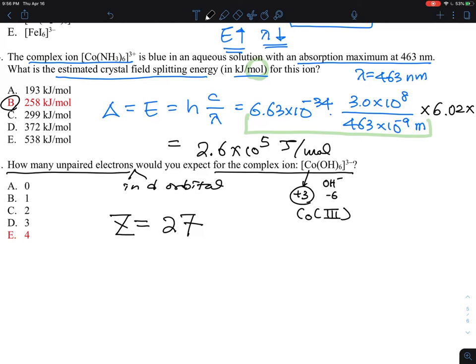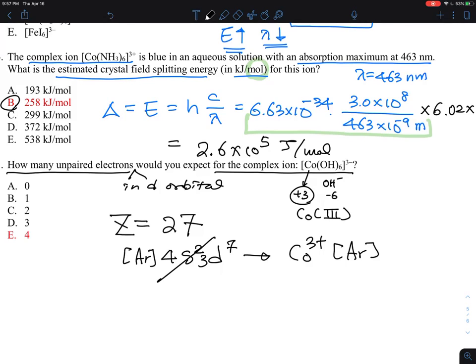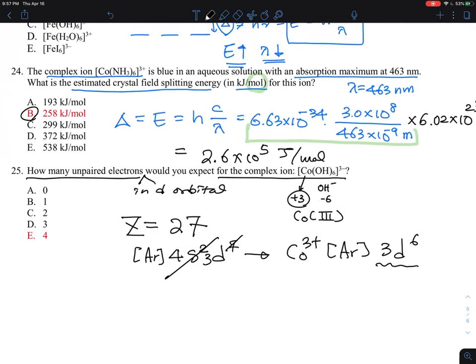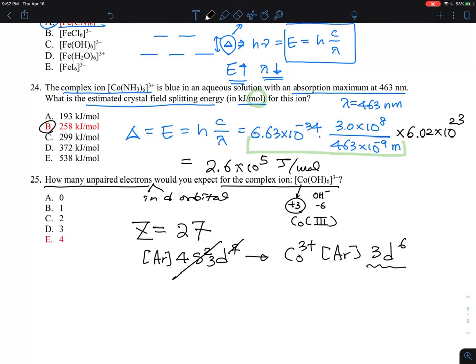It's right here, number 27 in the periodic table, so its configuration is 4s2 3d7 with argon. Then cobalt 3 plus means argon with the 4s gone, and we lose one more, so 3d6.